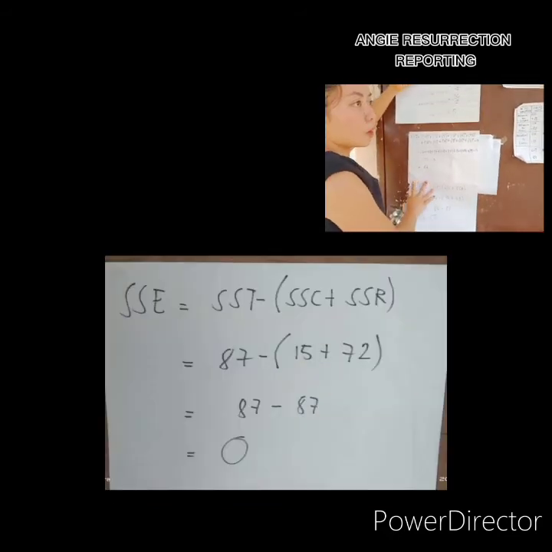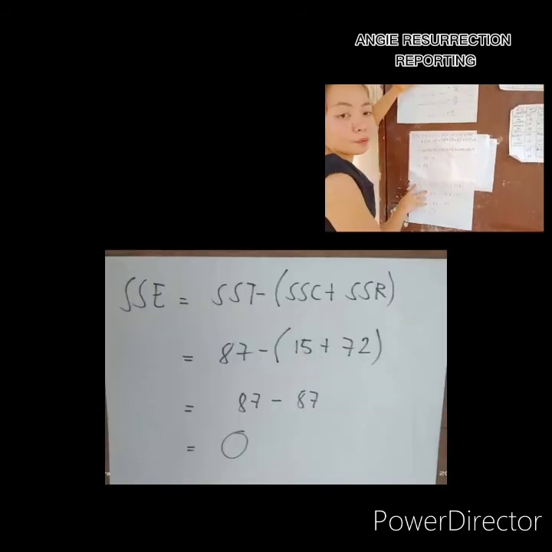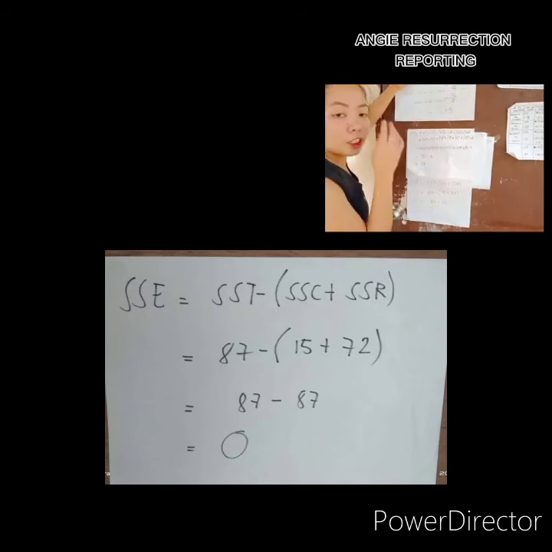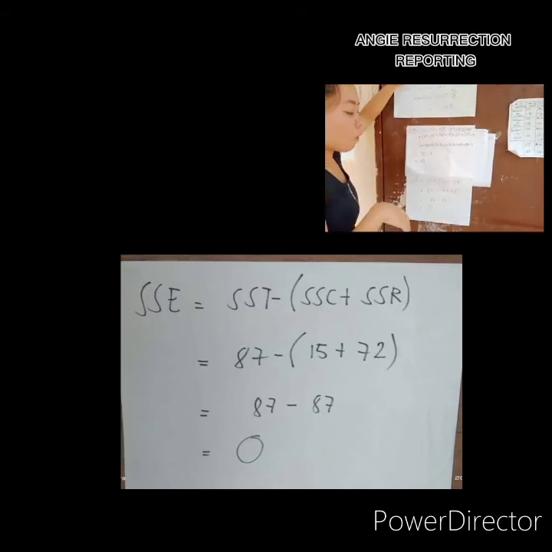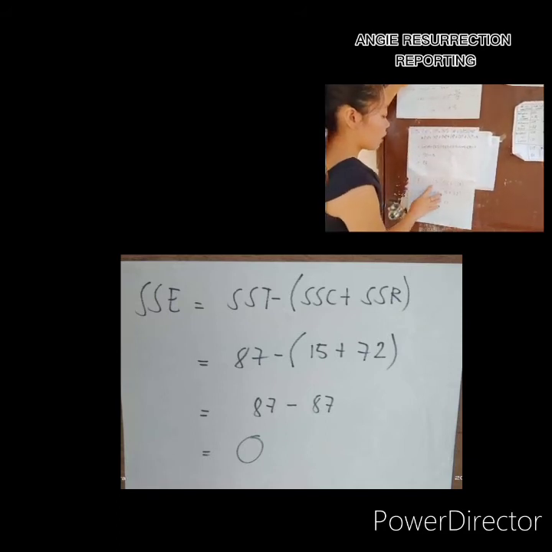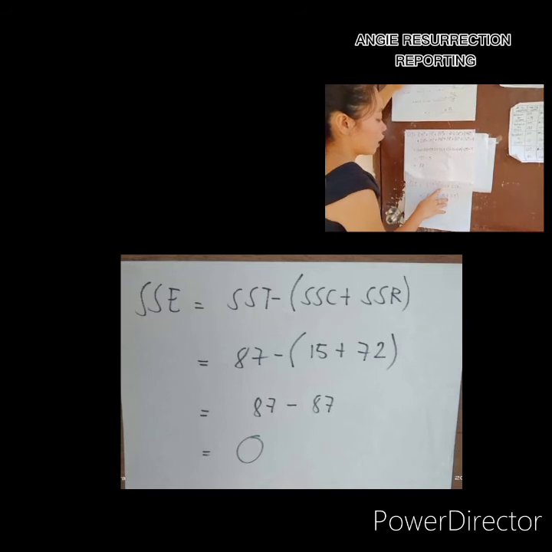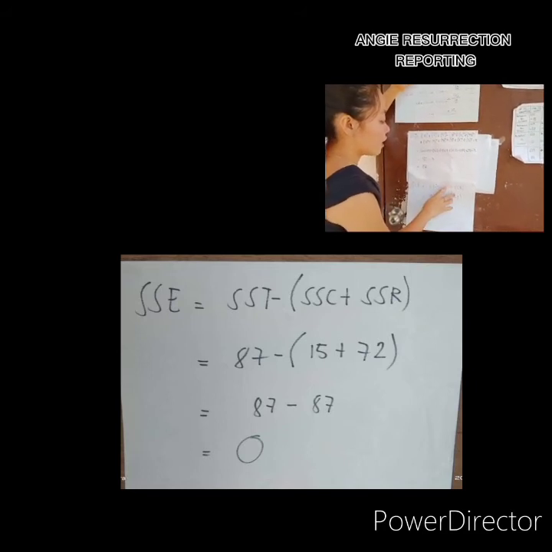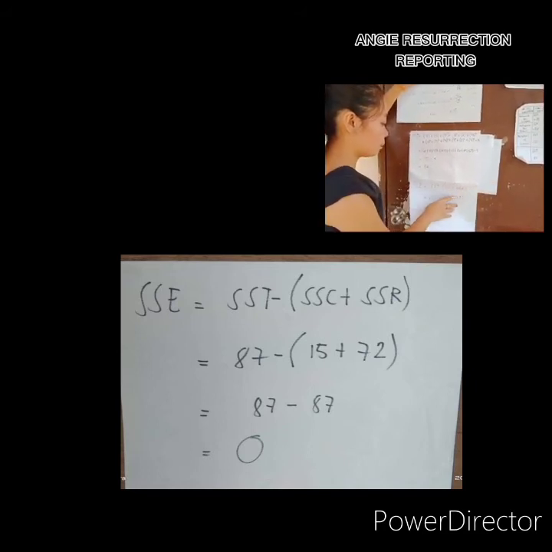Now coming to the fifth step, which is the calculation of SSE, or the sum of square due to error. So SSE is equal to SST minus SSC plus SSR.